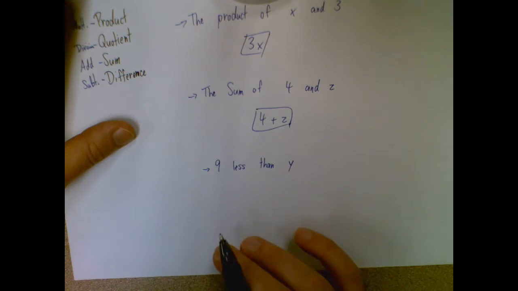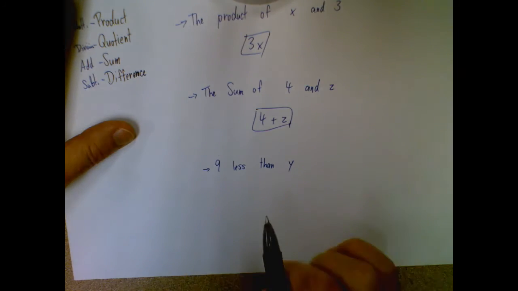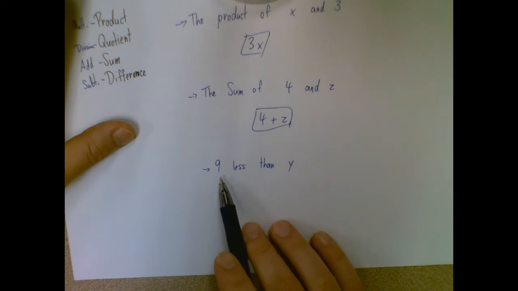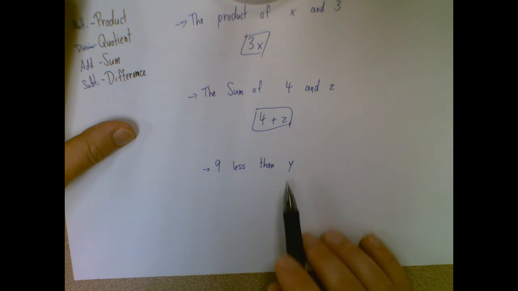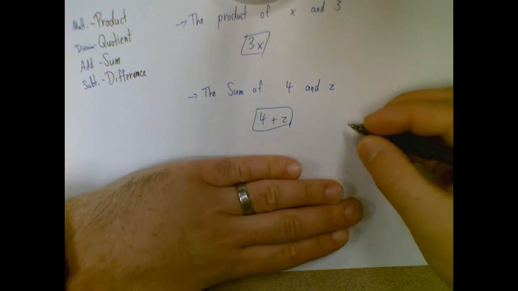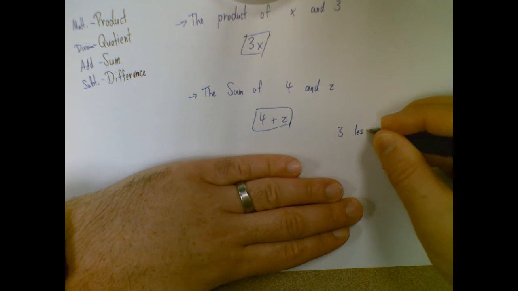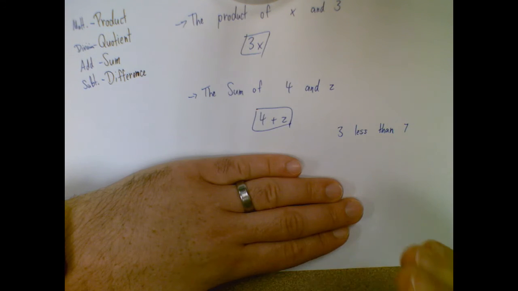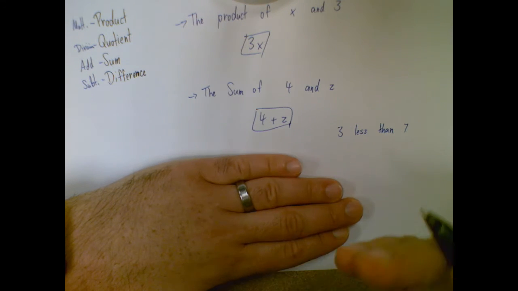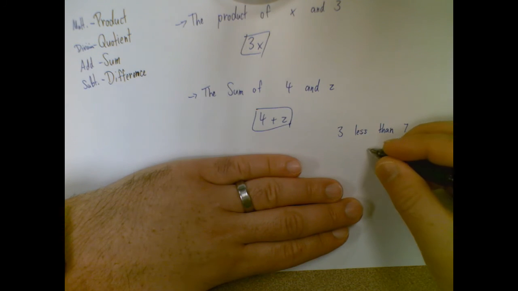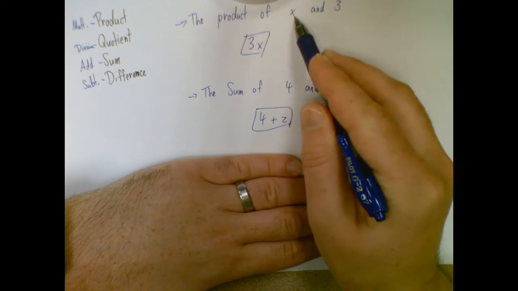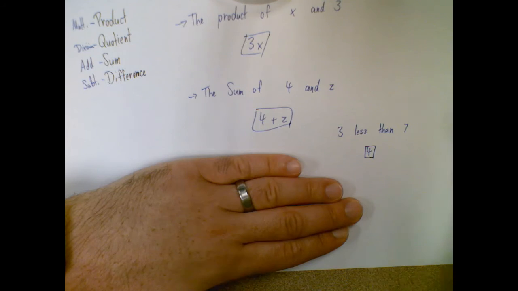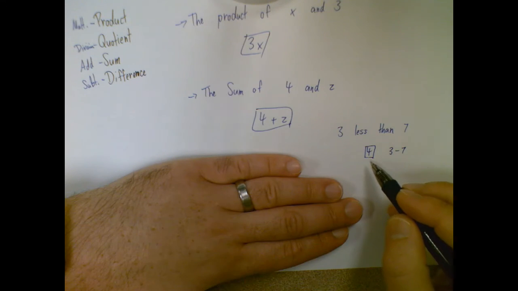This is one specifically I wanted to show you. Less than and more than are a little tricky when you write them as expressions, because if I had two numbers here, so I'll come back to this one, if I had, say, 3 less than 7, what number is 3 less than 7? 4, right? So I should end up with 4 as my answer, but if I follow the pattern here of just doing x times 3, 4 plus z, I would actually write 3 minus 7, which is not 4, okay?